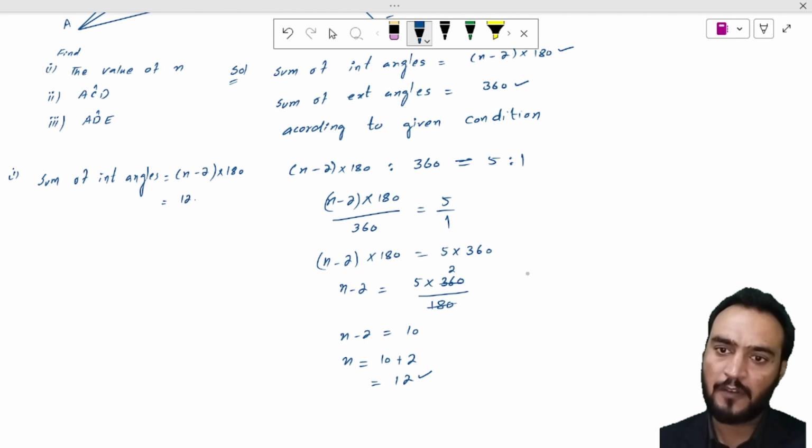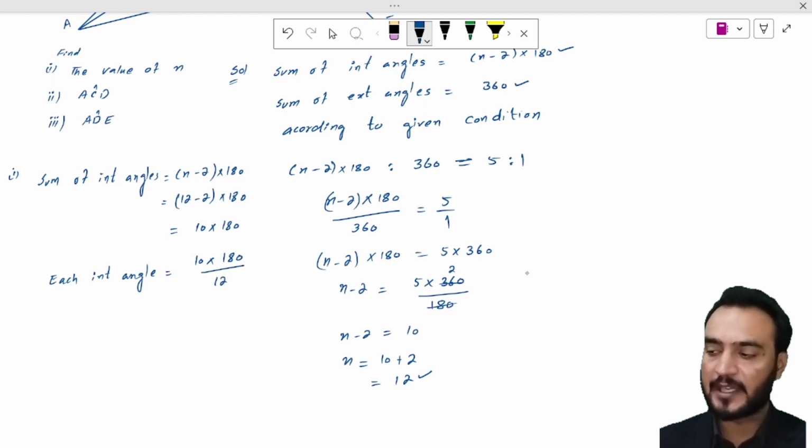So 12 minus 2 times 180. This becomes 10 times 180. As the number of sides in this polygon is equals to 12, we divide this sum of interior angles by 12 to get each interior angle. So each interior angle now is equals to 10 times 180 divided by 12.